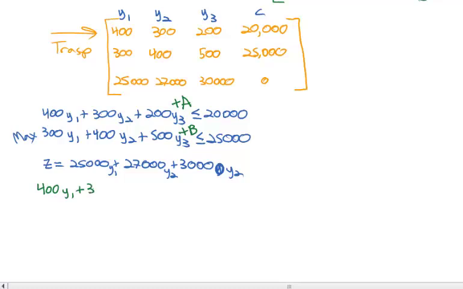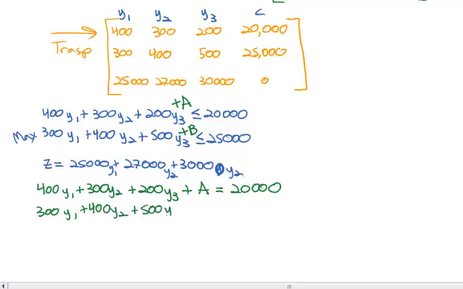400y1 plus 300y2 plus 200y3 plus a is equal now to the 20,000. 300y1 plus 400y2 plus 500y3 plus the second variable b is equal to 25,000.